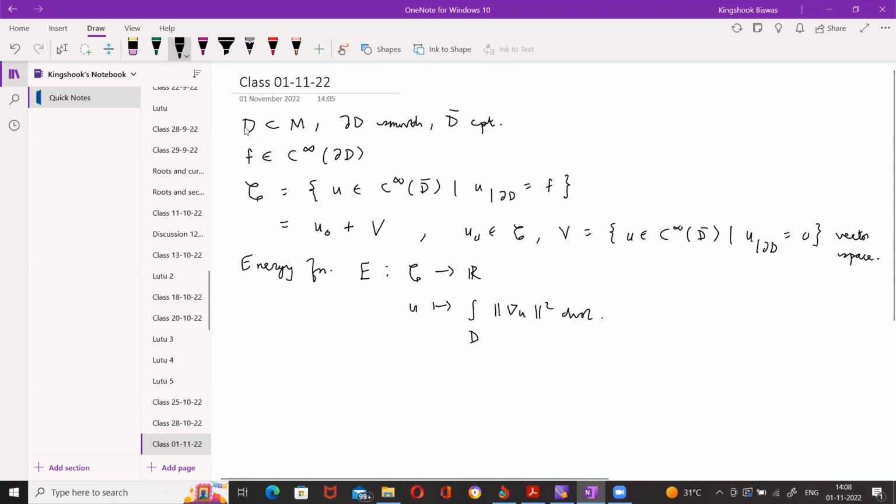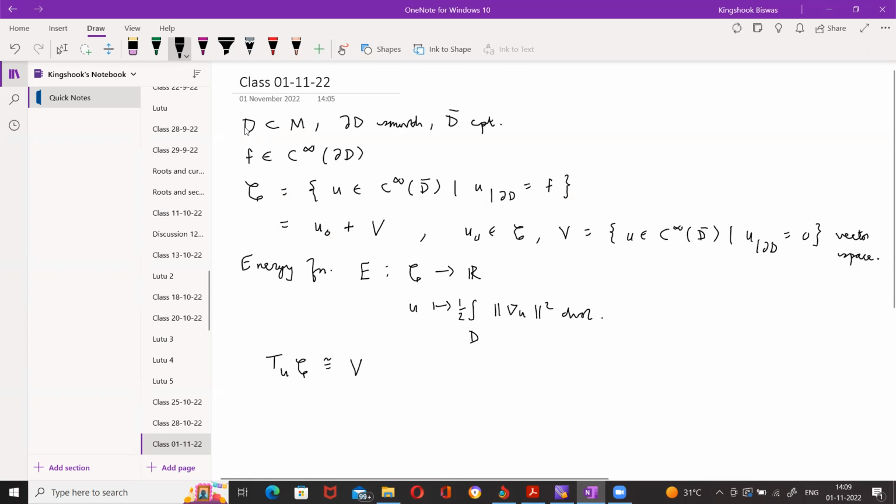Okay, so I want to compute the derivative of this function, right? It's an affine space, so at any point you can identify the tangent space to C with the vector space V itself, right?